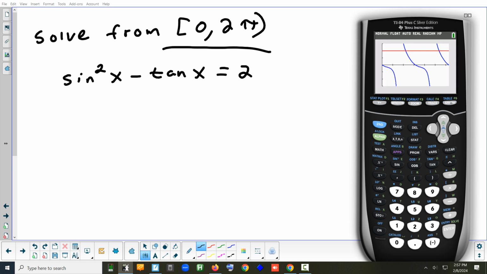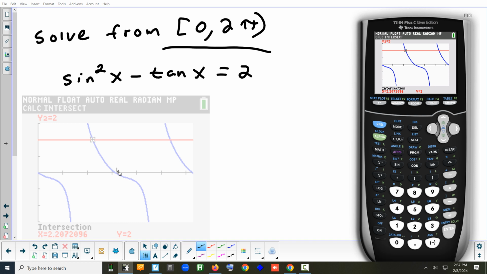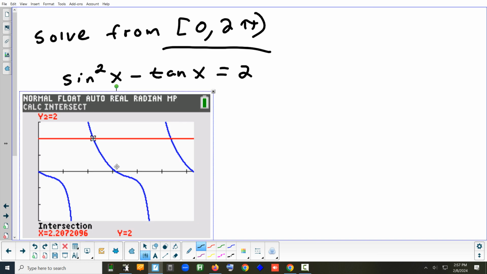We've already got our window set, so we hit graph. How many times in that interval does it look like they cross? Yeah, looks like they cross twice. So we do second calc intersect. I'm going to do the one on the left and see what we get. We get 2.21.